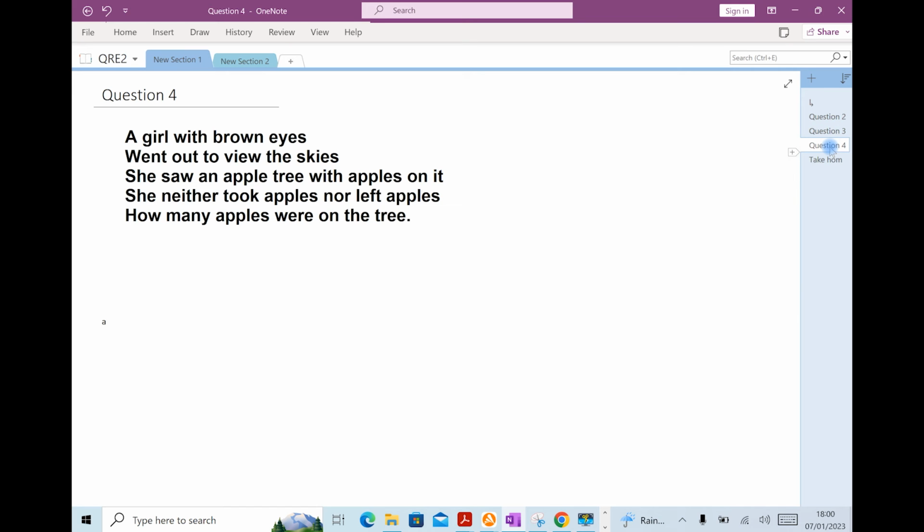So how come there were apples on the tree if she doesn't take apples with her nor leaves apples behind? And now the question asks, how many apples were on the tree? I say that's a bit tricky, but if you think about it just a little bit, pause this video and think about it, see if you arrive at something. Think outside of the box.